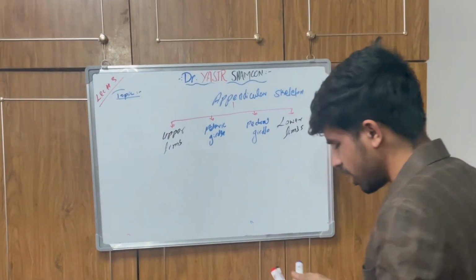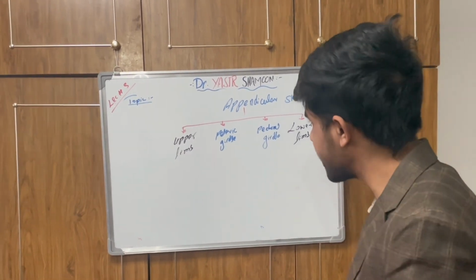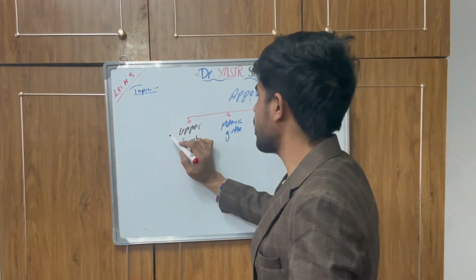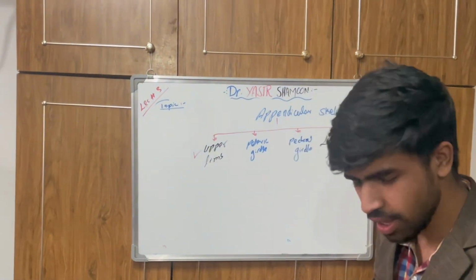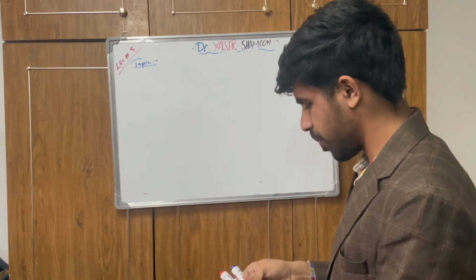Out of these 4 parts, now I will discuss the first part, the upper limb, and the parts of the upper limb.